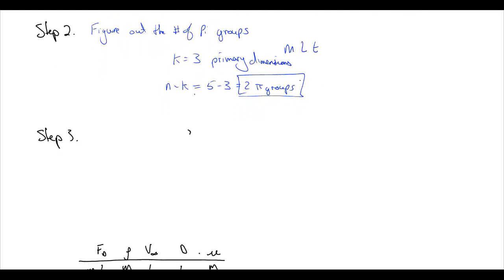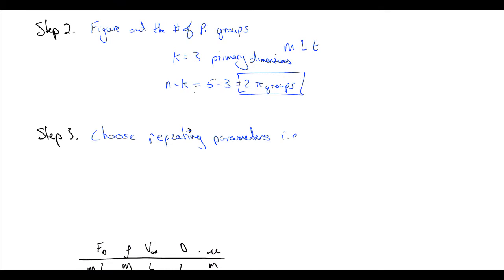Step 3, choose repeating parameters, i.e. your building blocks. Your building blocks. All right, so repeating parameters are called repeating parameters because they'll show up in all of your pi groups.